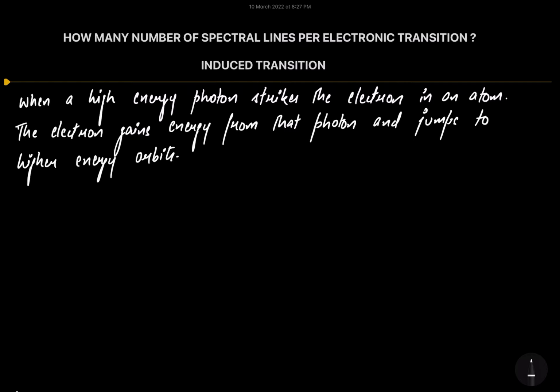The orbit number to which the electron is jumping will depend upon the energy of the photon which is striking the electron. Let me write this.